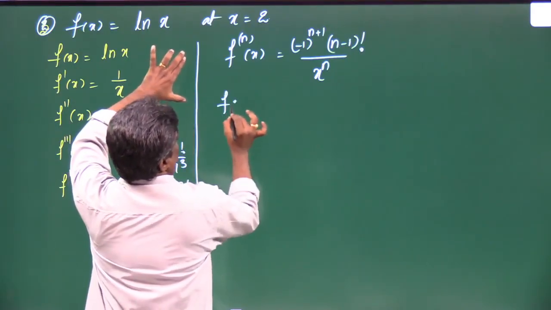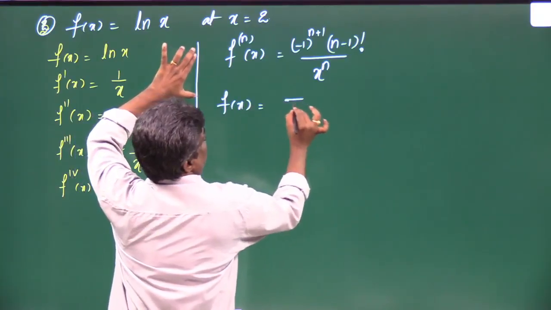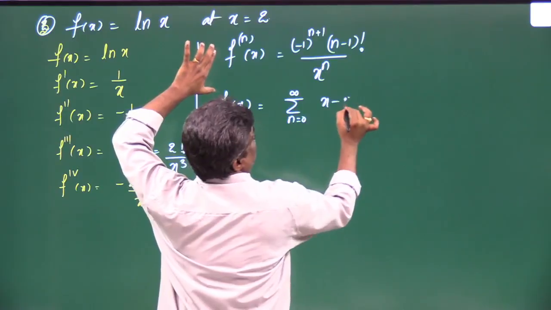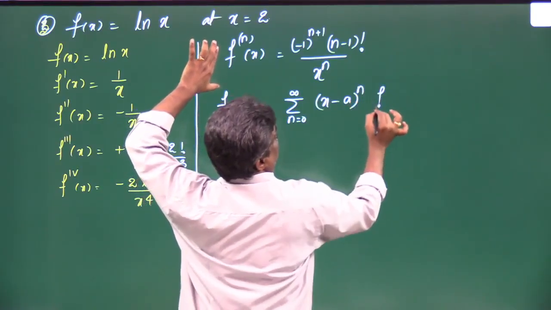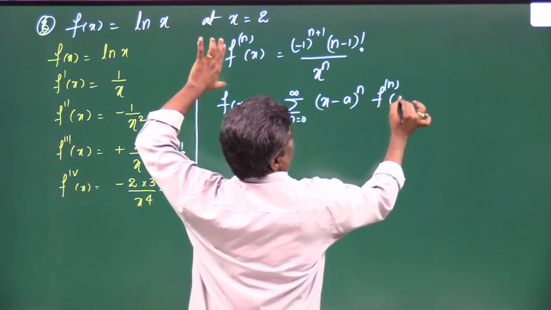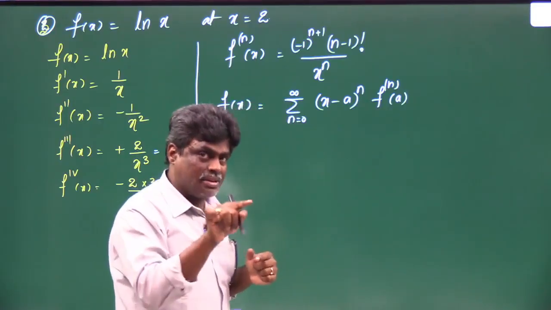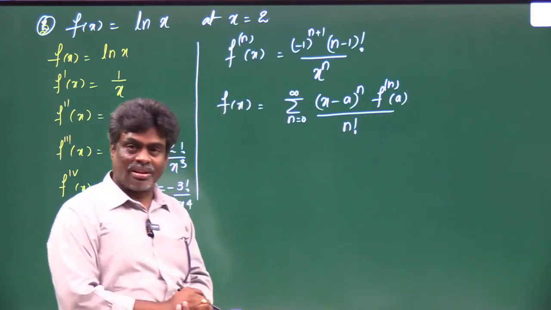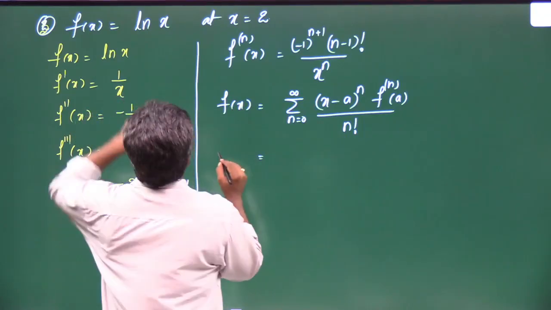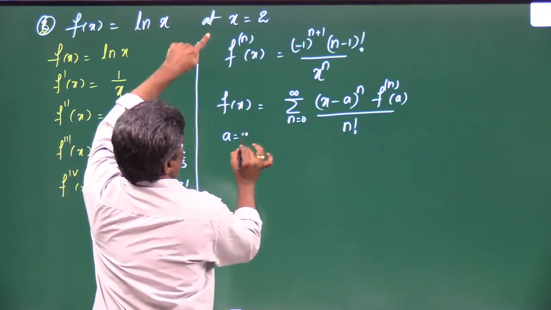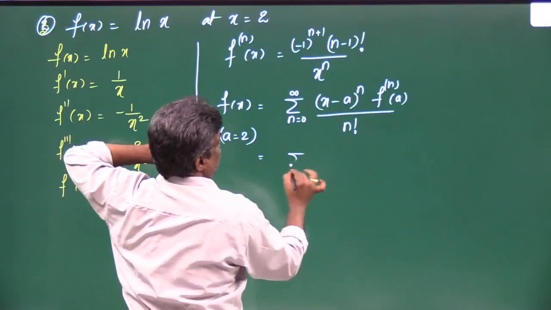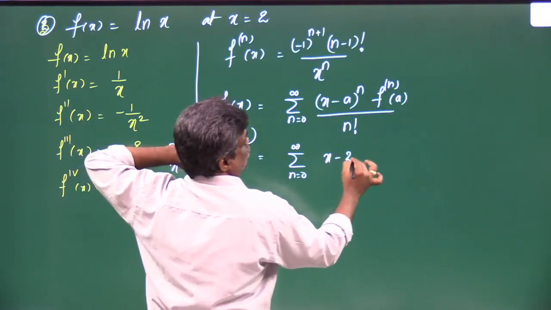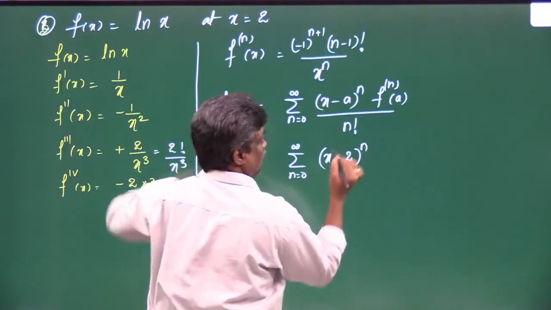So just write the formula. f of x is equal to summation over n equal to 0 to infinity of (x minus a) whole power n, and the nth derivative of f at x equal to a divided by n factorial. That's good. Now your a is nothing but 2. So summation n equal to 0 to infinity (x minus 2) whole power n, because a is 2.